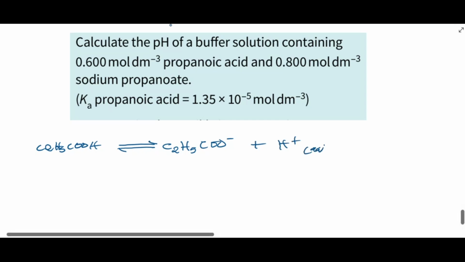So remember, aqueous. Don't forget, if they ask you to write the equation, you need to put the state of the species in the equation. Now we have the equation, so we will derive the equilibrium expression for this equation.